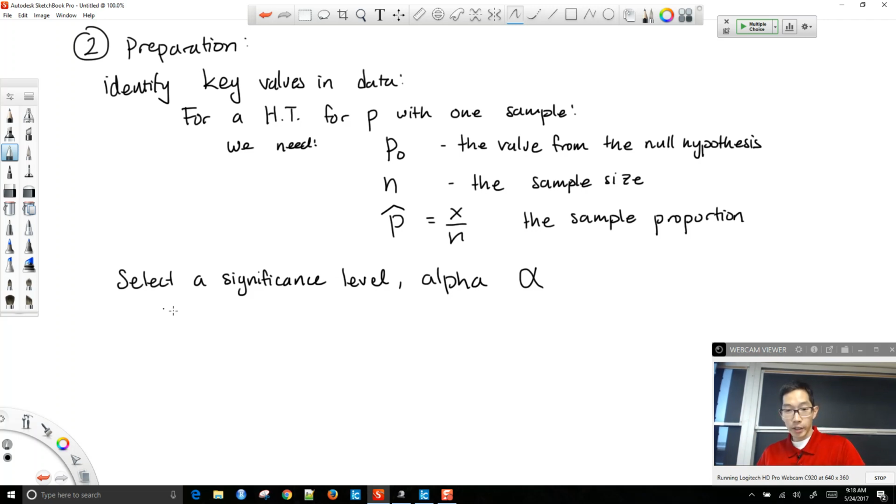Okay, this might be specified in the problem. It might say use a significance level of 10% or use a significance level of 1%.